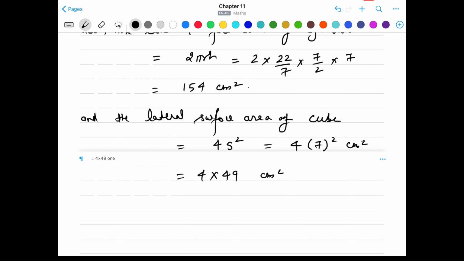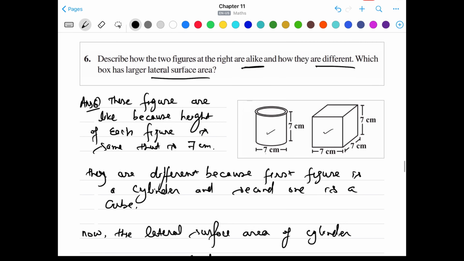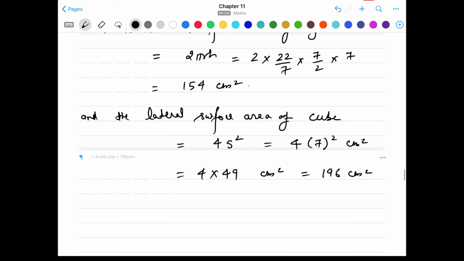When you multiply the two, we'll get the result as 196 centimeter square. Now you can see the area of this cube is larger than the area of the cylinder. That's what we were asked, which box has larger lateral surface area.